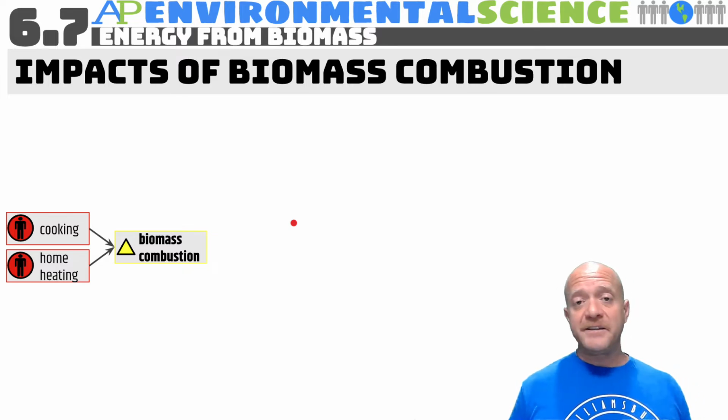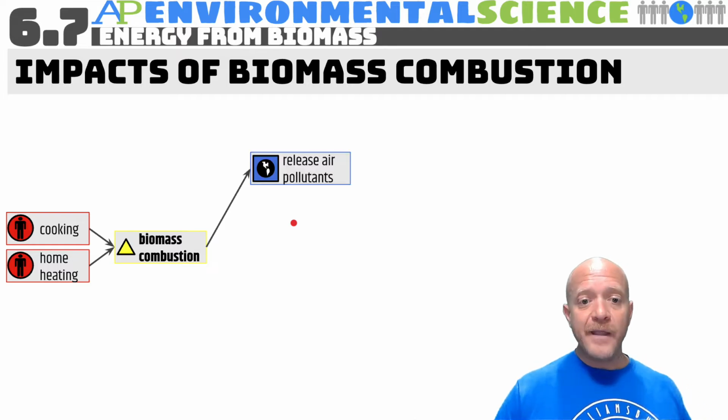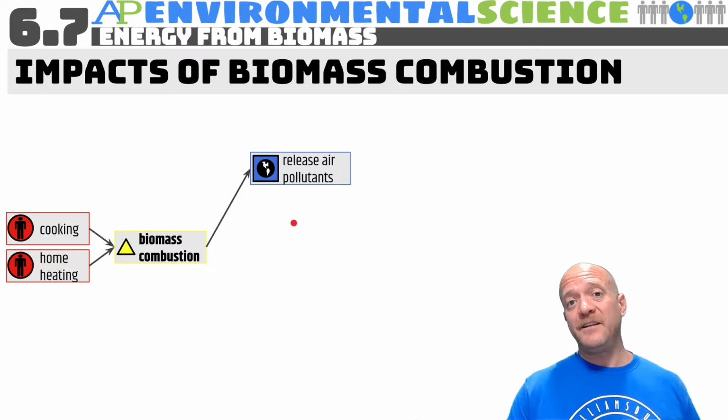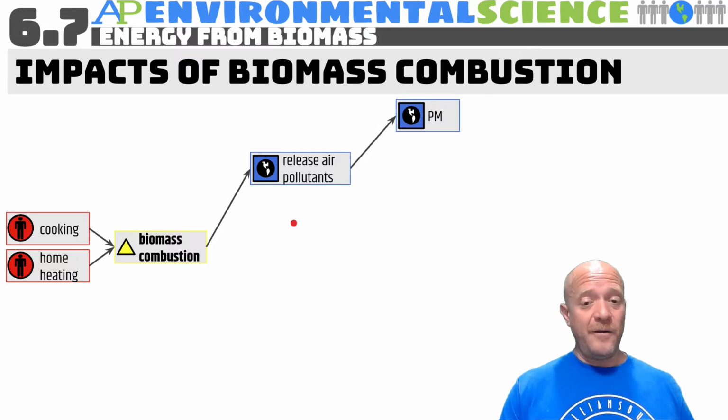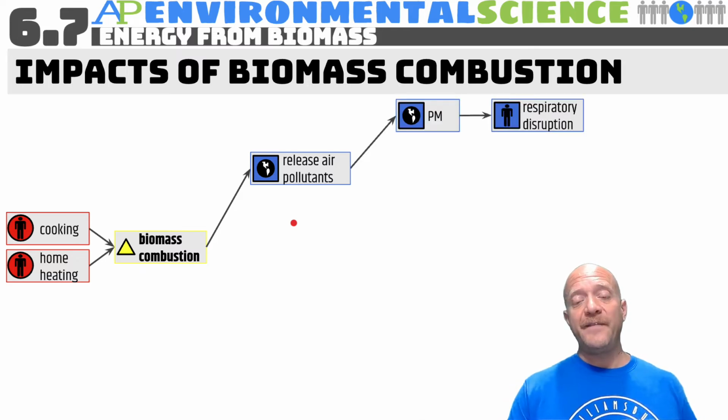Now this is just combusting biomass like burning manure, burning wood, burning charcoal, something like that. It is releasing air pollutants, especially particulate matter, which is the soot, and that can cause disruptions to your respiratory system.